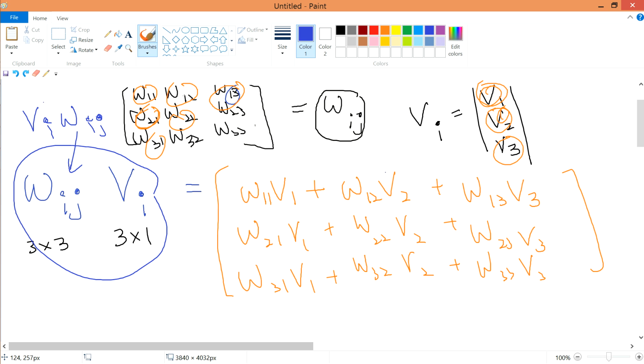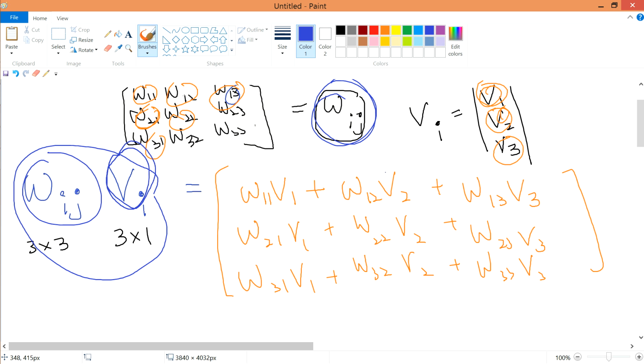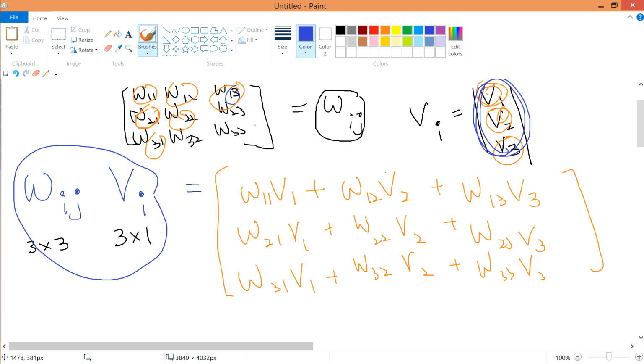So what we can do is simply bring this vi to the back, so I'll have this form. This simply states that the tensor wij, this stress, is acting on a certain vector plane, or certain axis of a vector v1, v2 and v3.